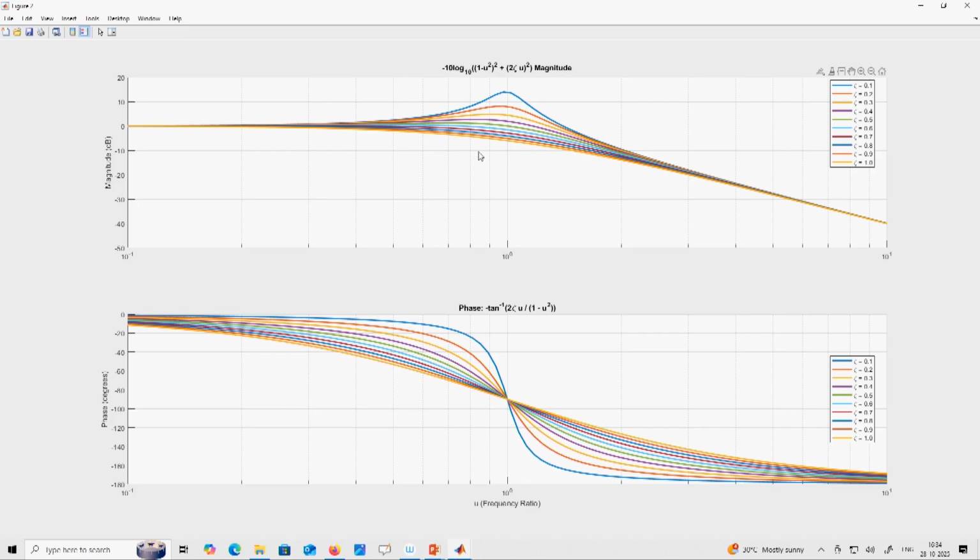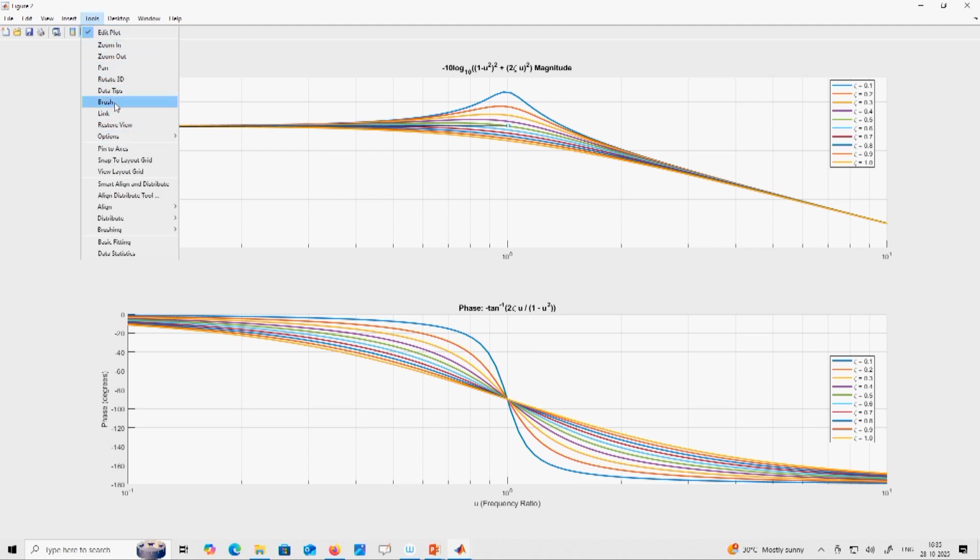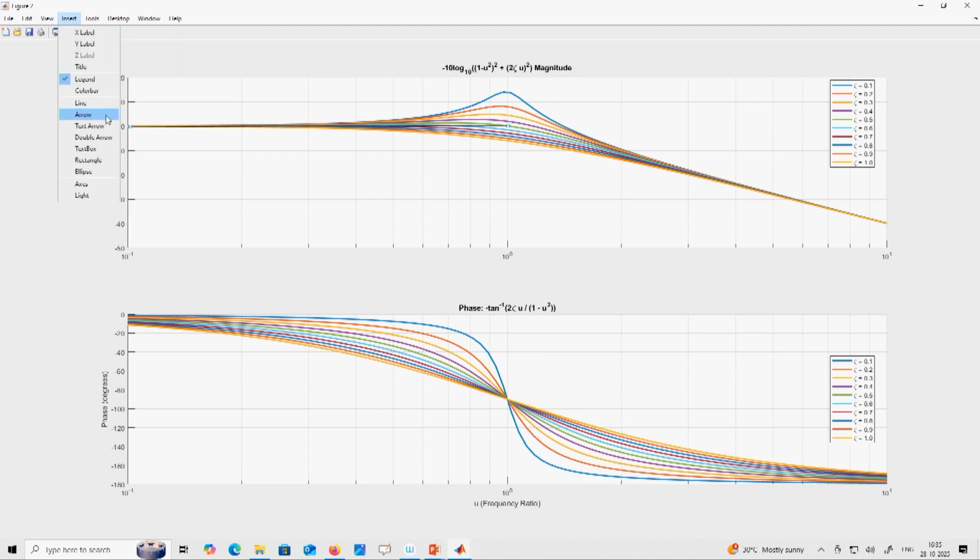What is important to note is that if I take a line here, up to the corner frequency it will be one line in an approximation, and then the other line will be something like this, a minus 40 dB per decade line.